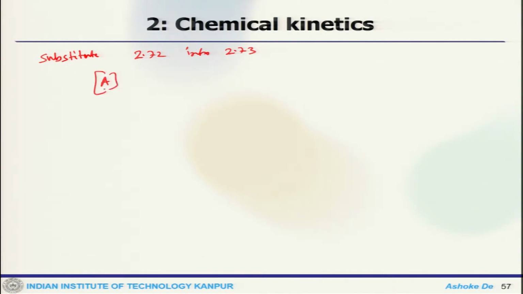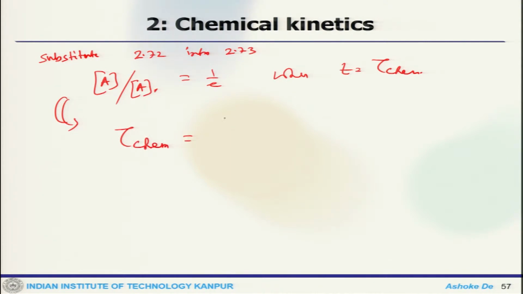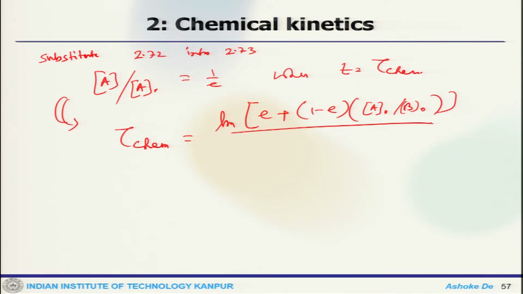So, what you get is 1 by E when t is tau chem, which allows you to have tau chem equals to ln of E plus 1 minus E times A naught by B naught, divided by B naught minus A naught times K bimolecular.